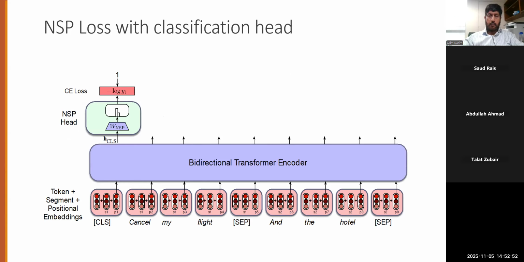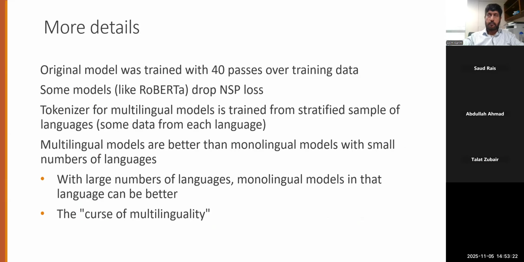So this is the entire model with some input that was fed into the model. ठीक है, तो ये वही वाला एग्जांपल है, cancel my flights and then and the hotel as well. ठीक है, तो आपका मॉडल essentially ये बनेगा. So these are more details on the original model.